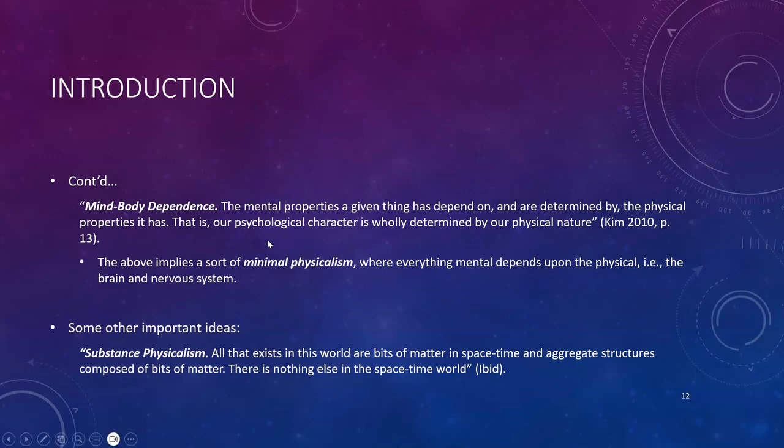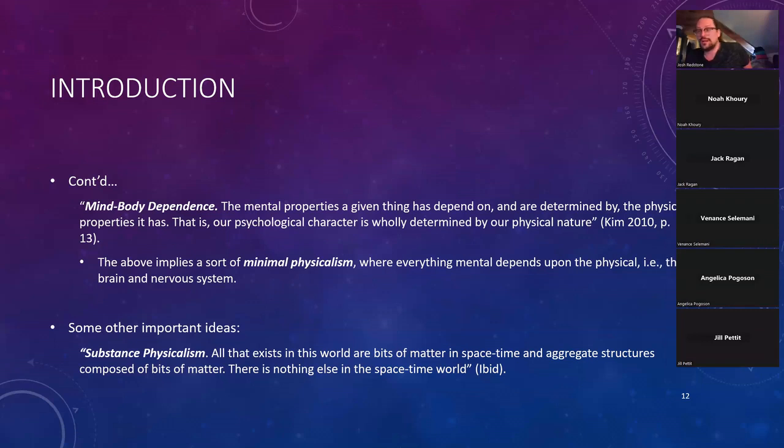And this implies what Kim is calling minimal physicalism. Everything mental depends upon the physical. In this case, what I mean by the physical are one's brain and one's nervous system, and of course, beyond that, how physical events in one's environment affect the nervous system and the brain. Kind of like I said before, the example of pain, the C fibers firing.